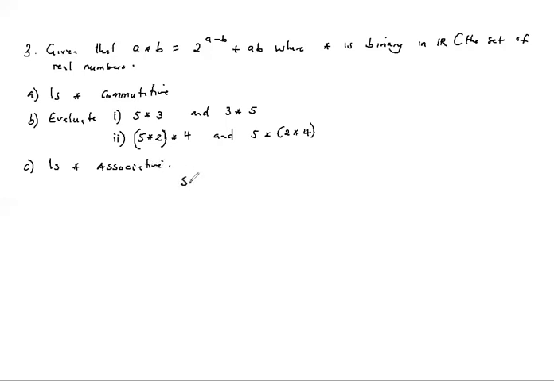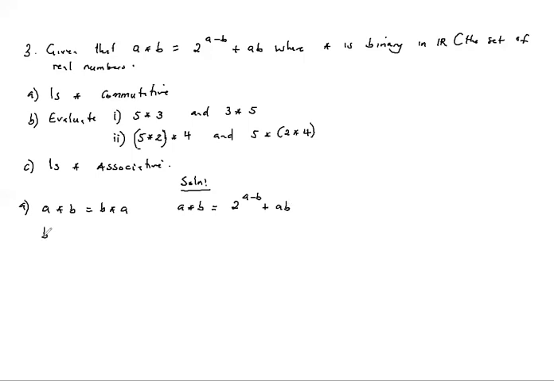Okay, so let's see. For A, we know that for it to be commutative, we require that this should be true. So let's check. We already know that A star B is 2A minus B plus AB.